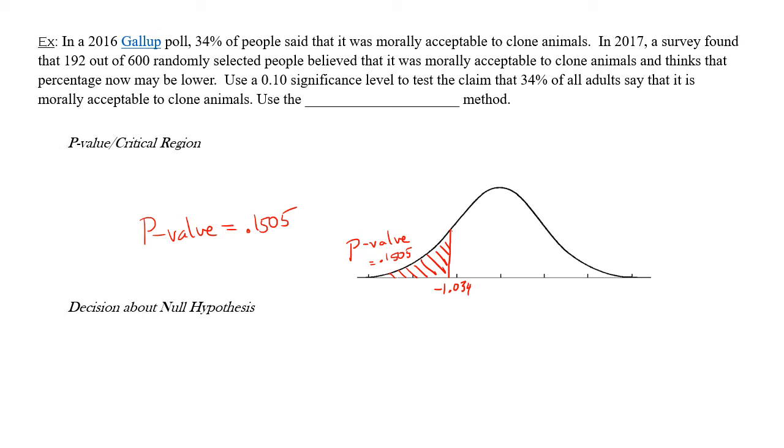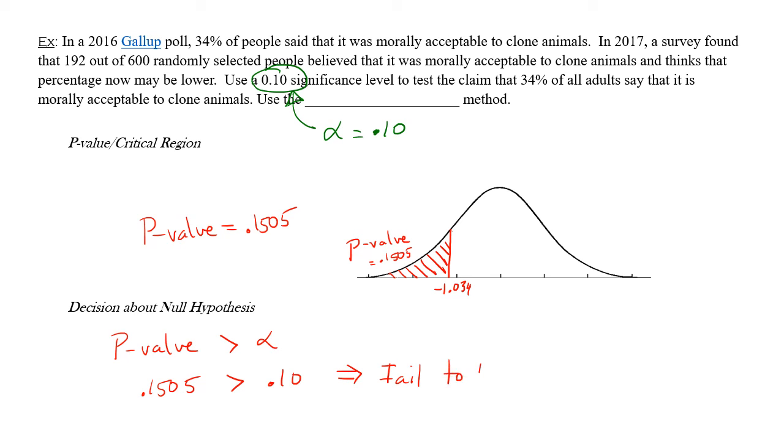And since we had a significance level of 0.10, how would the p-value compare with that? In this case, the p-value was 0.1505 and the significance level 0.10. Notice that the p-value we got was bigger. And so the conclusion is that we're going to fail to reject our null hypothesis. An important thing is now to make a conclusion about that.